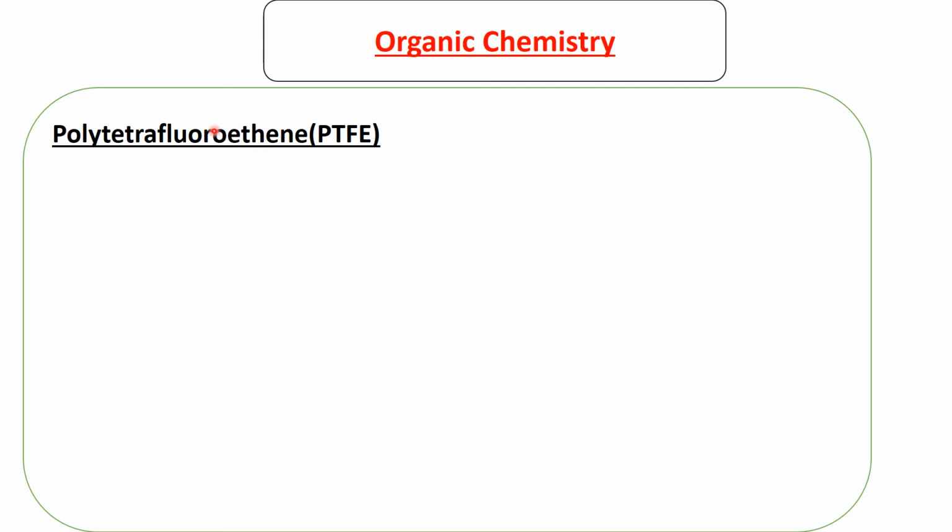Since it is ethene, not ethane, it means that there is a double bond between the carbon atoms. Other than that, there is this fluoro. Fluoro shows that we have fluorine atoms somewhere. So how many of these fluorine atoms? We have this tetra. Tetra means 4, just like the way tri means 3. So we're going to have 4 fluorine atoms surrounding the carbon atoms.